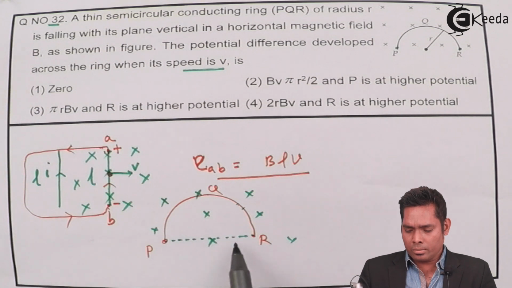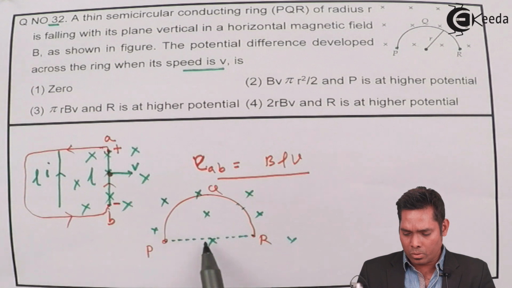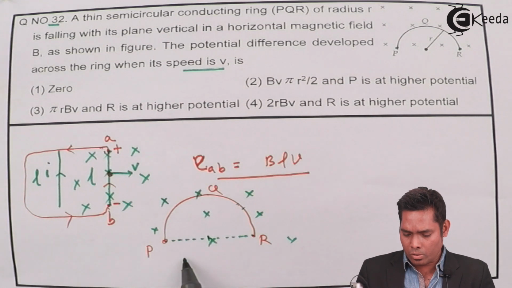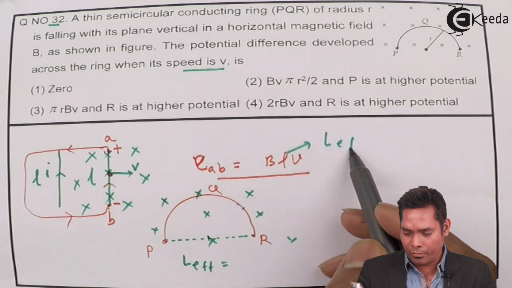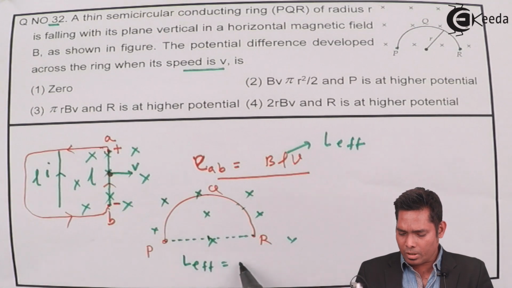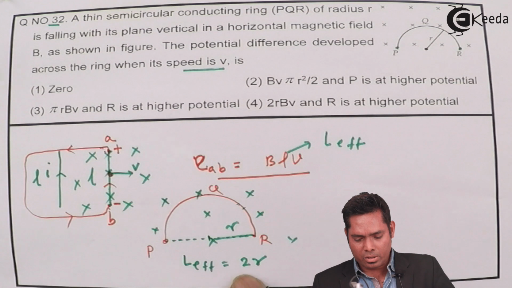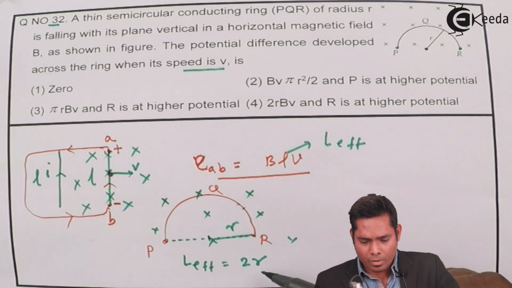This is the effective length, and it equals the diameter of the ring. So the effective length that replaces L is 2r, where r is the radius; that is the diameter. In place of L, I will substitute 2r.